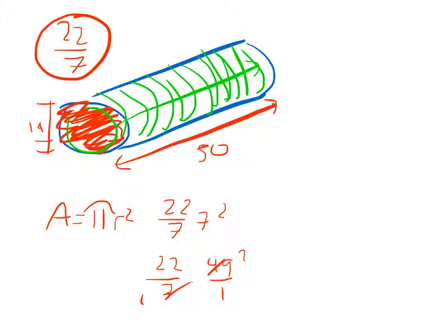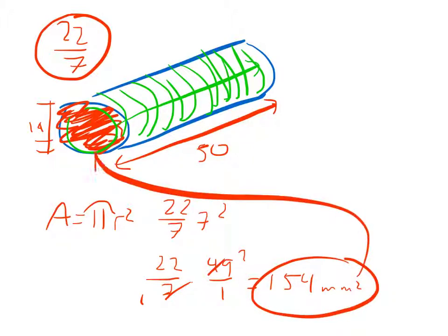So 22 times 7, that's approximately 154, and that's millimeters squared. So that number is the red area. So now I need to take 50 more of these pieces here and line them all up to make it into a cylinder.